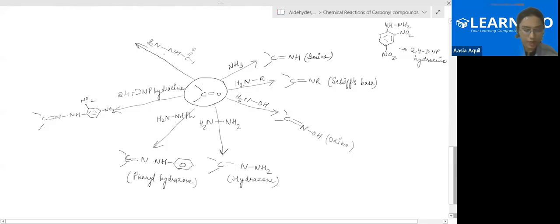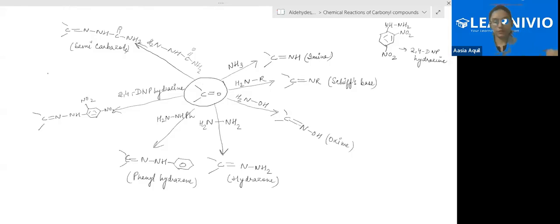Again, do the same thing, dehydration, and you will get semicarbazone, with NH, CO, NH2. So this is semicarbazone. Okay, so these are the chemical reactions when you add some ammonia derivatives.